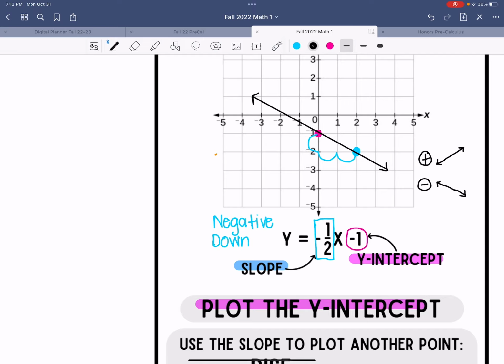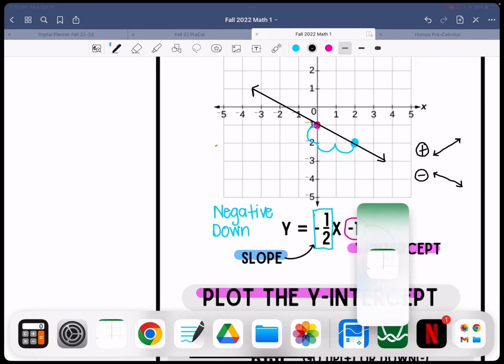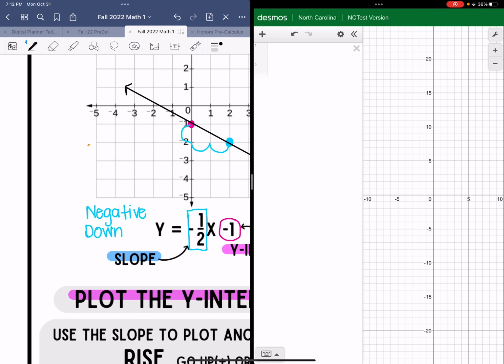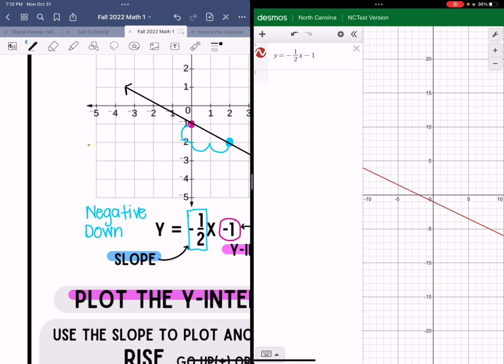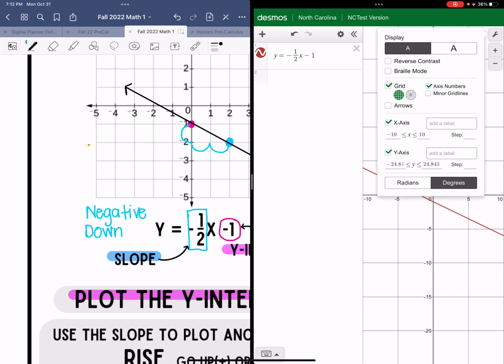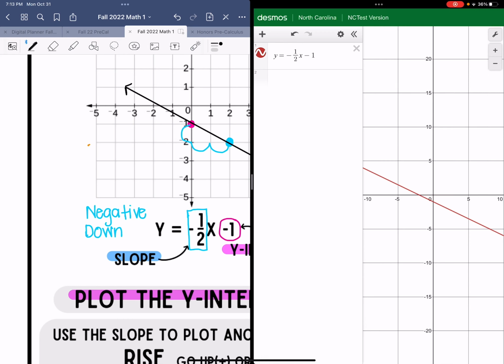Now, how can I verify that this is correct? You can always put this in Desmos. We're going to start using Desmos a lot more frequently. So I have -1/2 x, and we're going to do -1. I like to go to the little settings option right here and turn off my minor grid lines and just do a step of 1, so it's 1 tick mark.